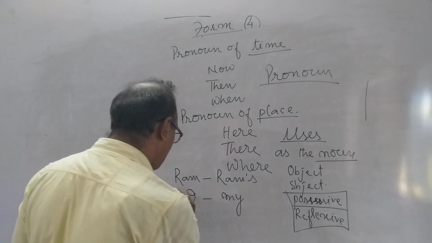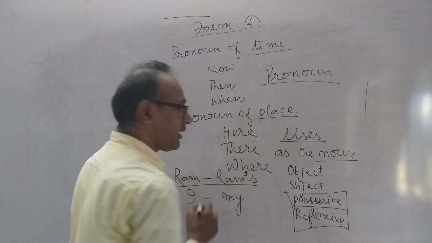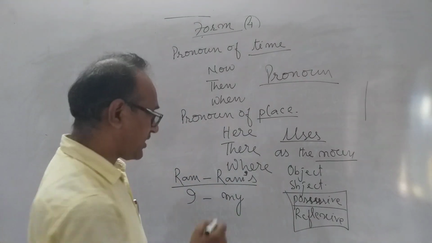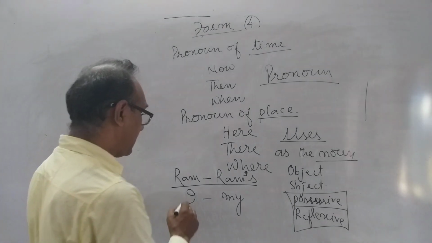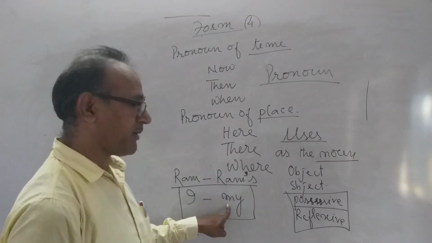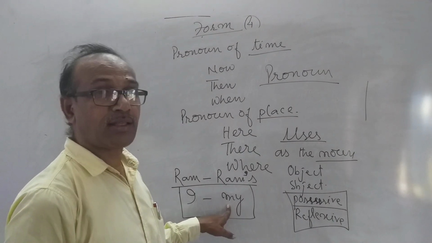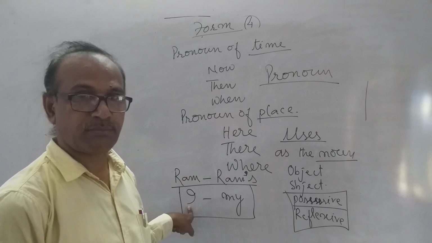So here is the difference, because with any noun if you put an apostrophe s, that becomes the possessive form of the noun. But in case of pronoun it is something different. So you have to remember this particular word, that is the possessive form of the subjective form of that pronoun.